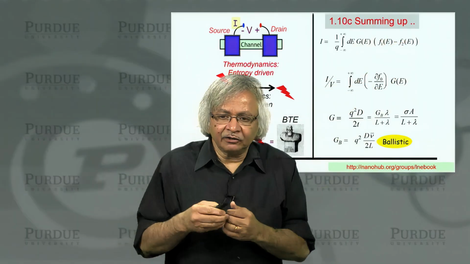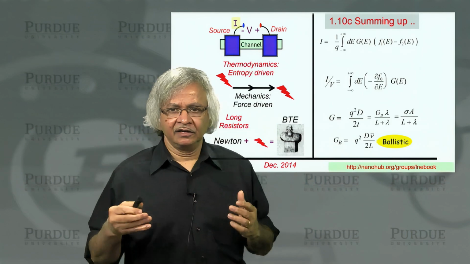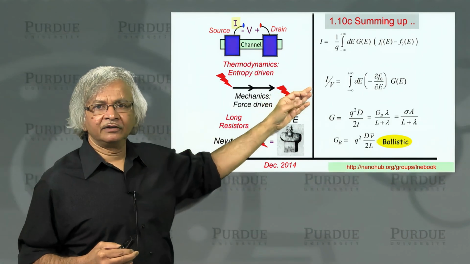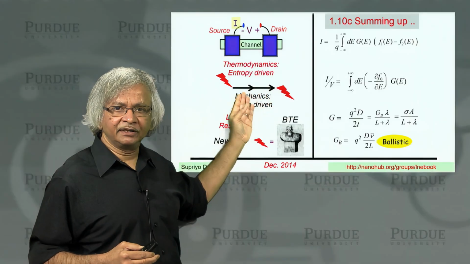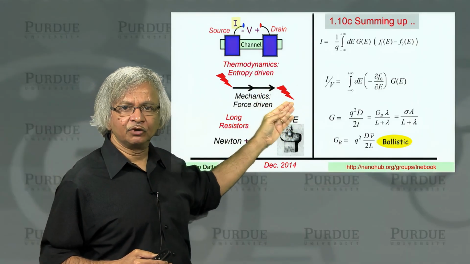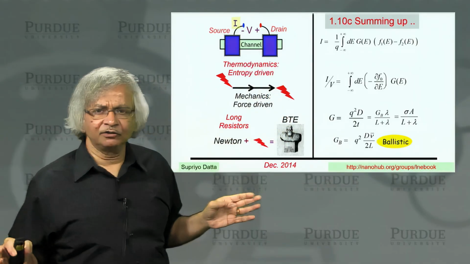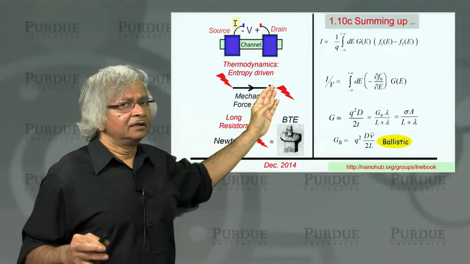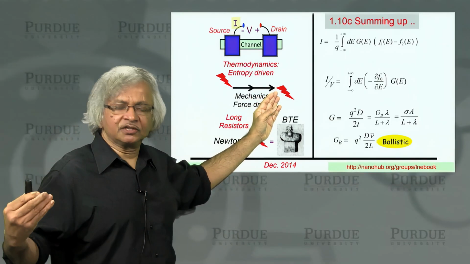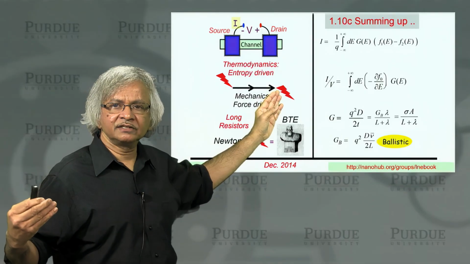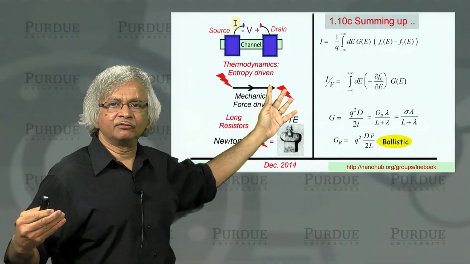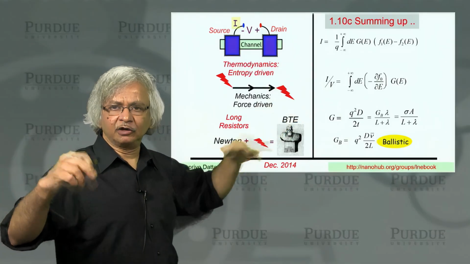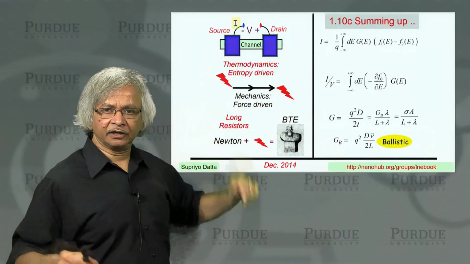But when an electron comes out into the contact, it is a hot electron. It's got much more energy than it should have. And then there are all kinds of complicated processes that restore equilibrium. But we never got into those details. We just said, that's okay. We know that all those thermodynamic processes will maintain this reservoir at thermal equilibrium with a Fermi function, F1 or F2, depending on which contact we are talking about.